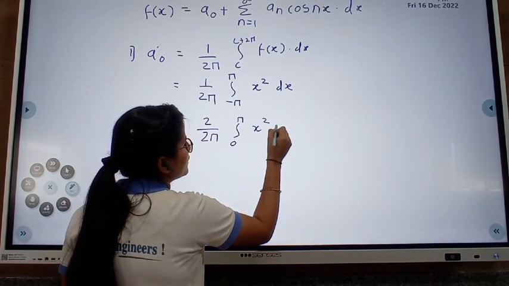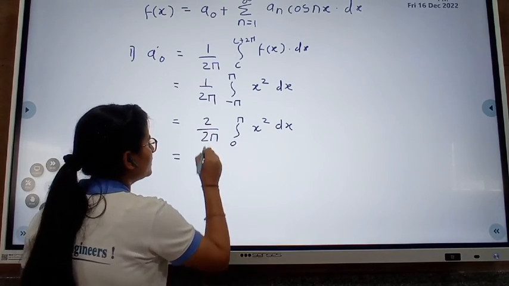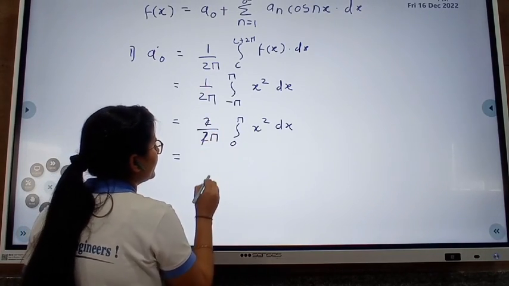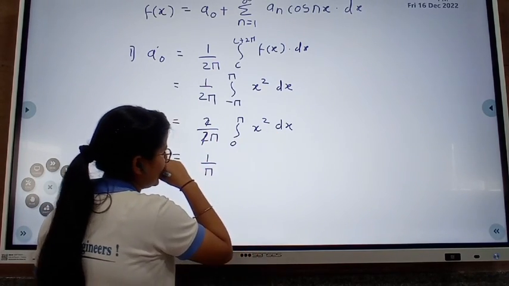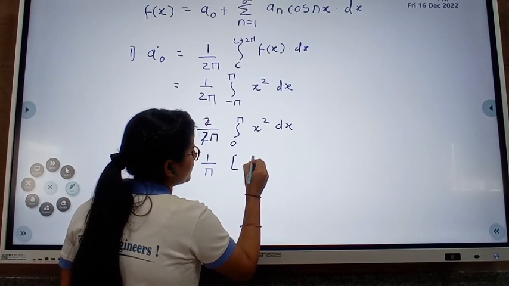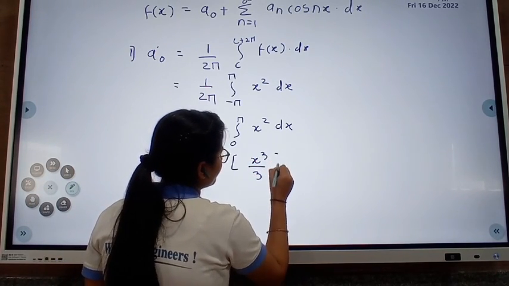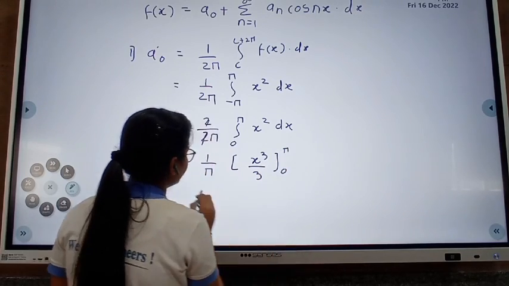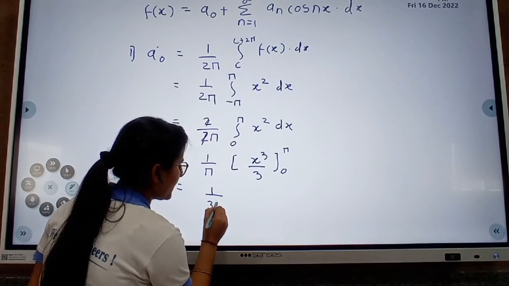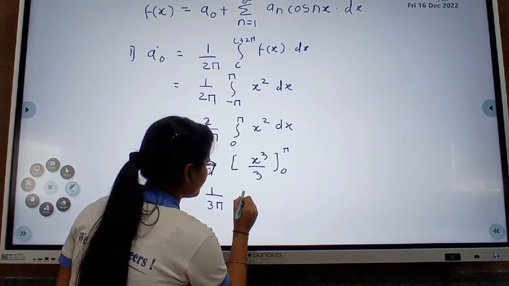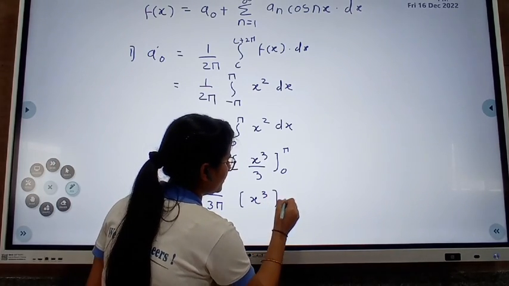x square dx. And integration for x square is, first this 2 will get cancelled and it will be 1 upon pi. Integration of x square is x raised to 3 upon 3, 0 to pi. This 3 will come out and it will become 1 upon 3 pi, x cube, 0 to pi.